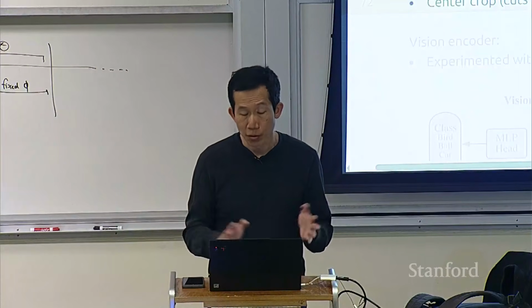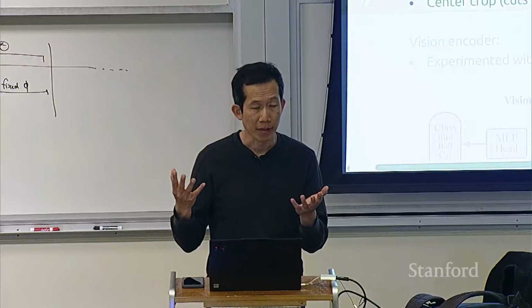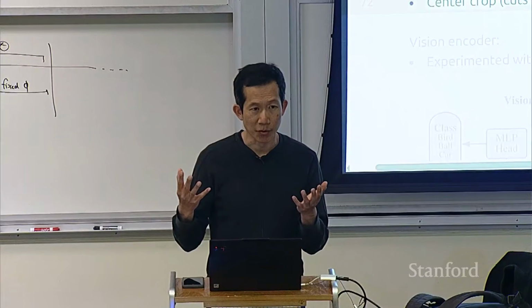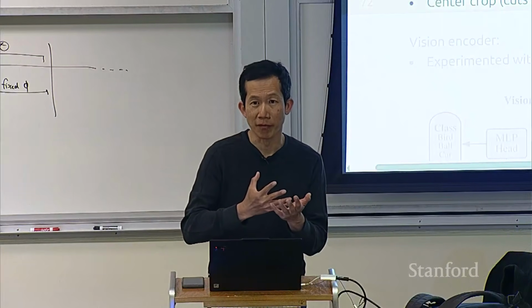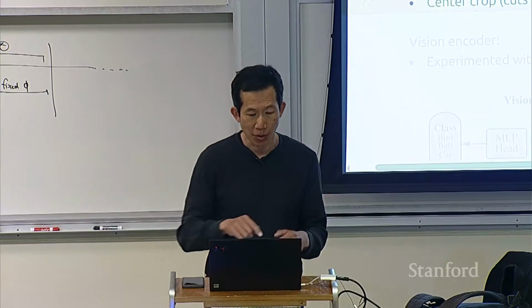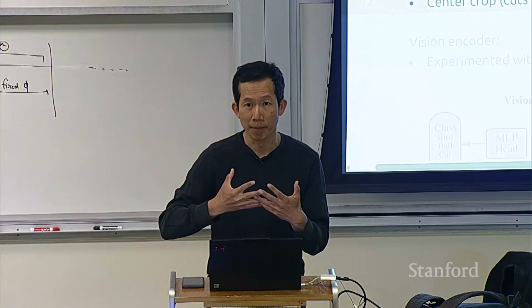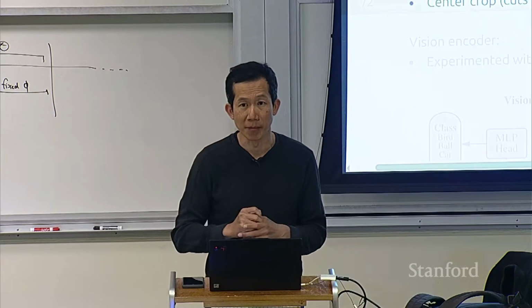That's useful for low-level details, but the problem is that you won't data augment your way from one type of dog to another dog. So using the text gives you higher-level semantic representations of the images.